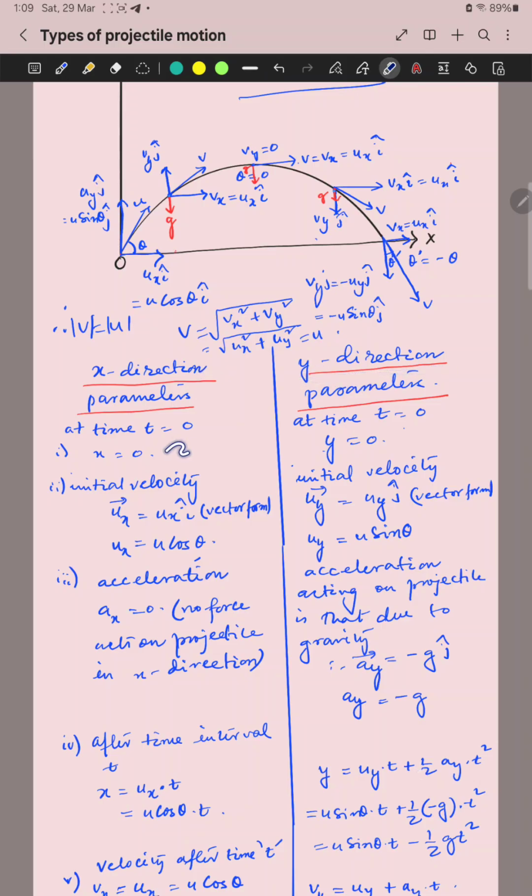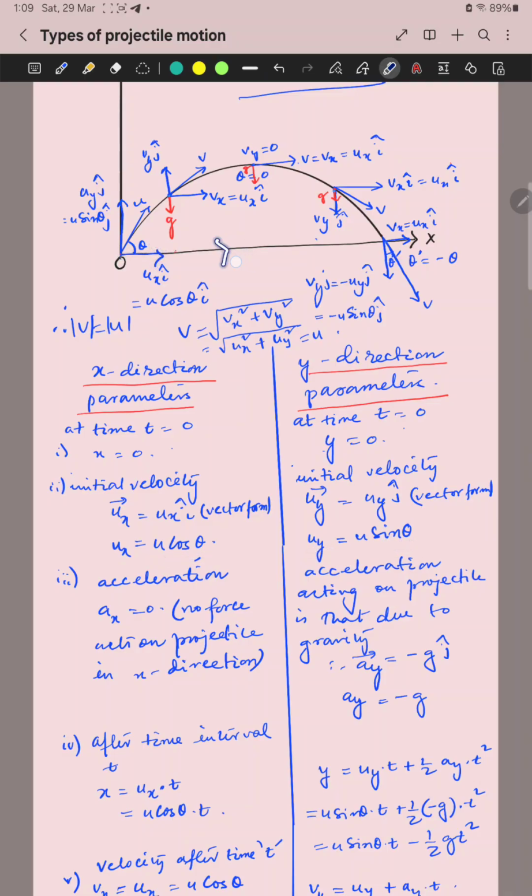First of all, its position at the initial time t equals 0. Let's take the initial position to be the origin, so x equals 0 and y equals 0. Initial velocity along the x direction will be the component of u along x, which is u cos theta, and the initial velocity along the y direction will be the y component of u, which is u sin theta.